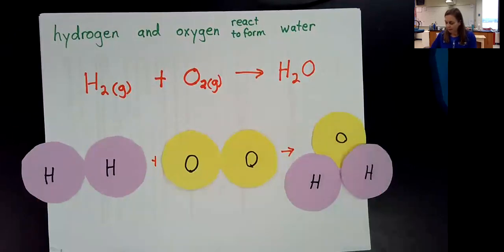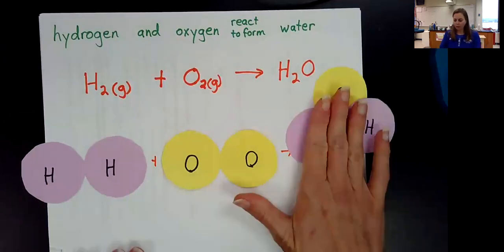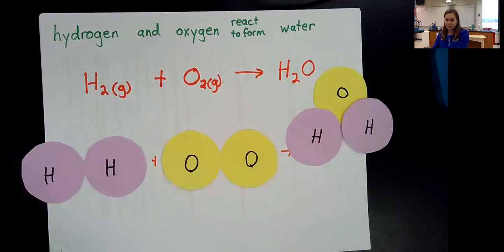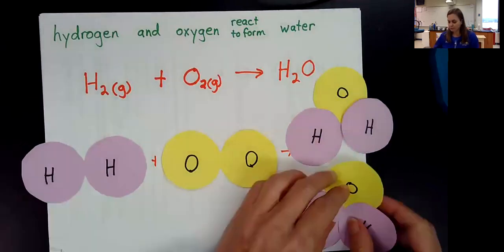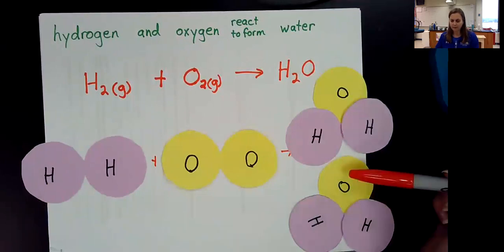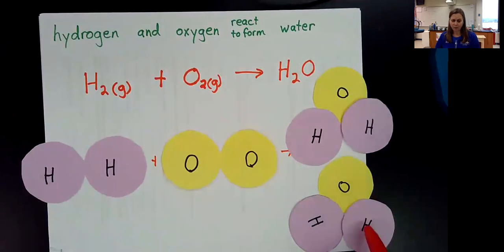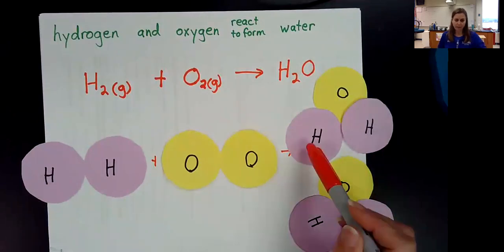Now, the way we're going to solve that problem is by adding another whole water molecule. So now we have another water molecule. So now I have my 2 oxygens on the product side and 2 oxygens on the reactant side. But now I have 4 hydrogens on the product side and only 2 on the reactant side.